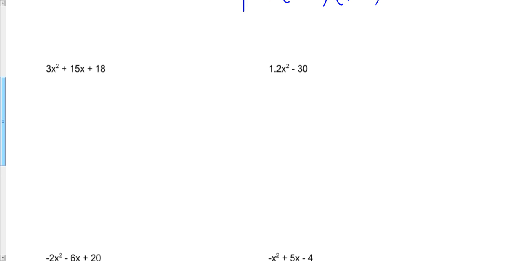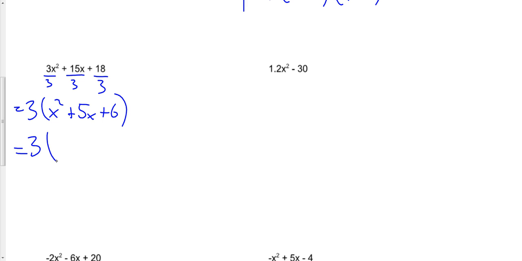Okay. So the next example, here I've got another trinomial. Again, my a value in this case is 3. So I'm going to divide everything by 3. So that's going to leave me with x squared plus 5x plus 6.